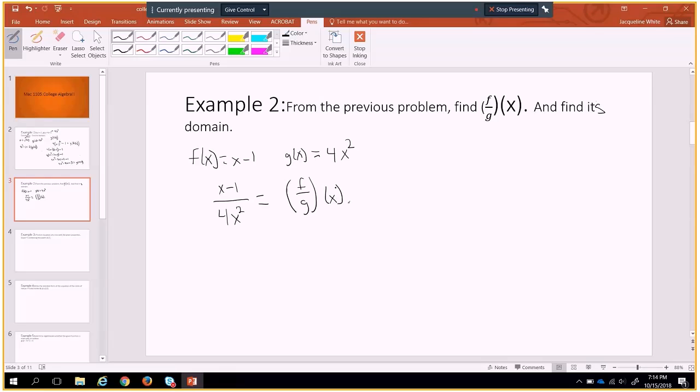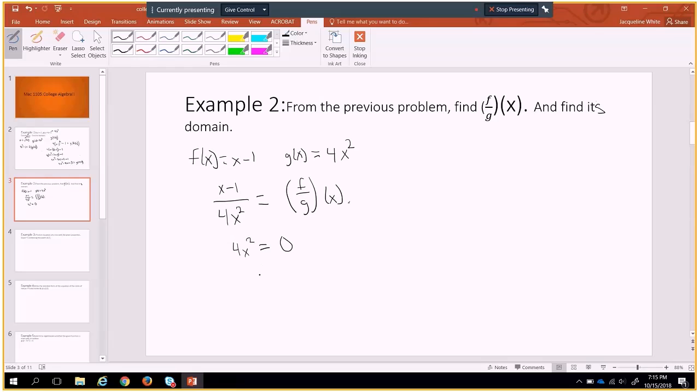To answer that, we never want our denominator to be 0. If the denominator equals 0, then it becomes a function that does not exist. So if we don't want our denominator to be 0, we can set 4x squared equal to 0 and solve for x.